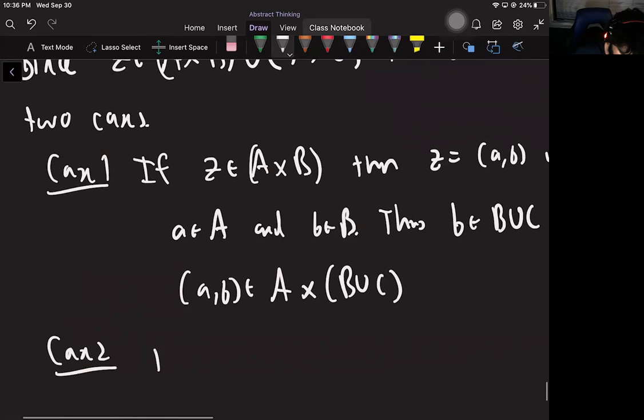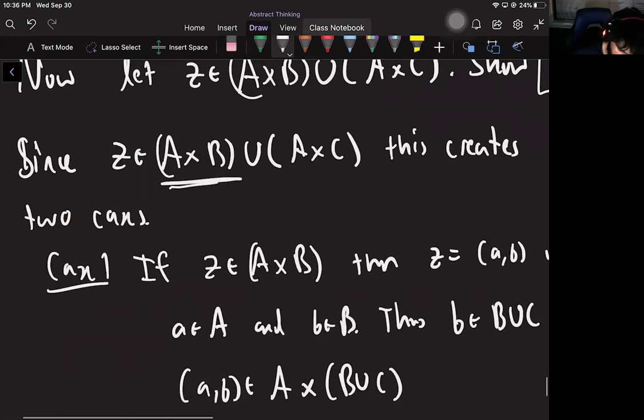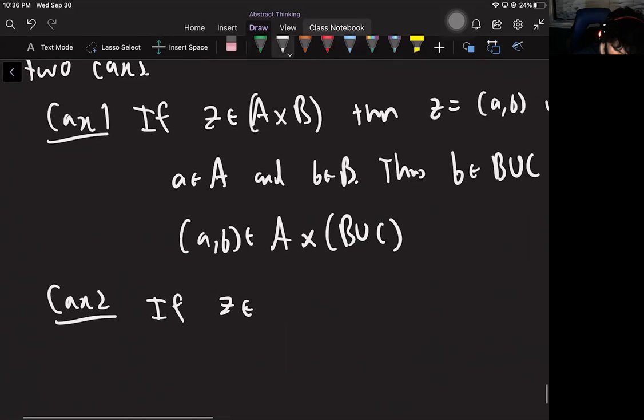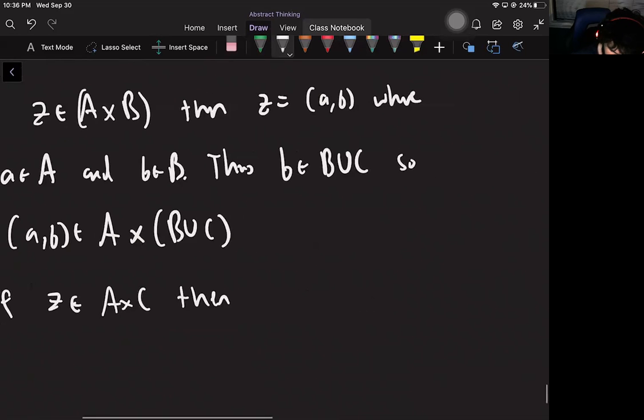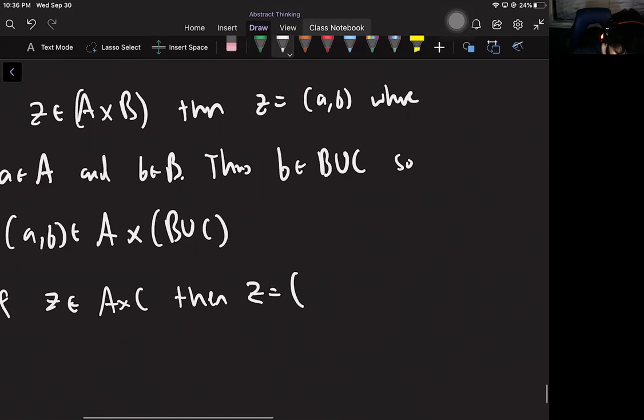Case two: if instead of being in A cross B, it's in A cross C, now we've got to see what happens there. It's going to work just the same. So now that means that Z looks like a coordinate a comma c.